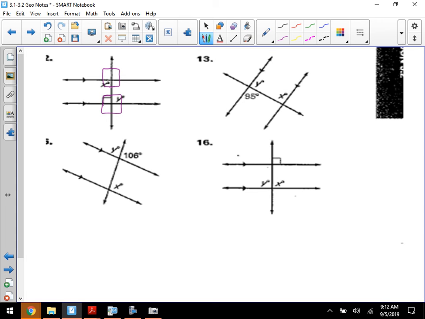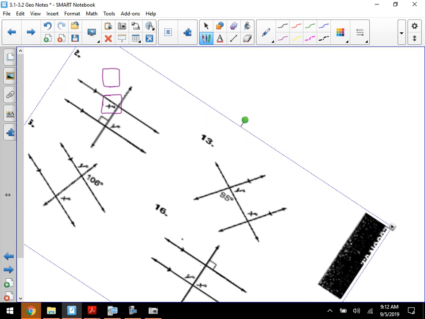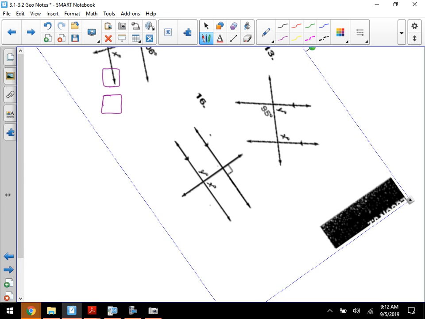When I look at 13, what are you going to do with your paper on 13 to make it easier on yourself? Tilt it. Okay. So if I spin this around a little bit, it makes it easier on me. Now, when I look at it like this, I'm going to do my tick marks like I have been. Start in the upper left, work my way through. That means that every one of those angles that has the tick mark has to be the same value.